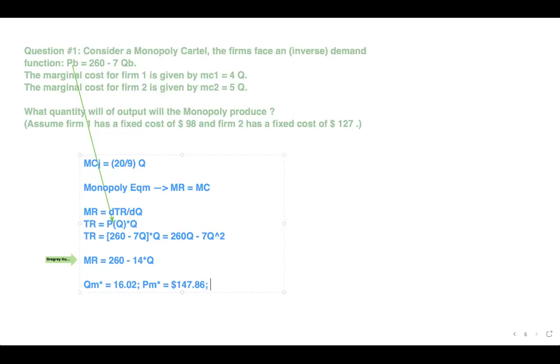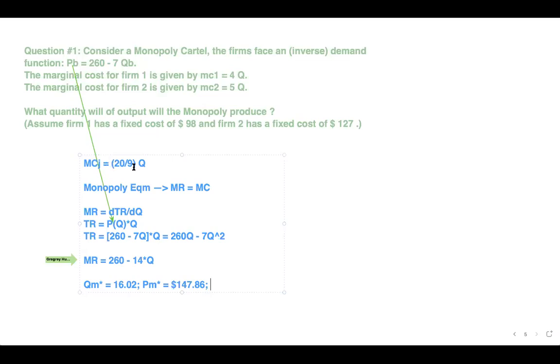Now, there's one other thing for the sake of completeness we would want to do here, and we could do it either way. Whichever way you want to do it, you should get the same number. Remember that the equilibrium quantity for the monopolist is where the marginal revenue and marginal cost curves intersect, right?